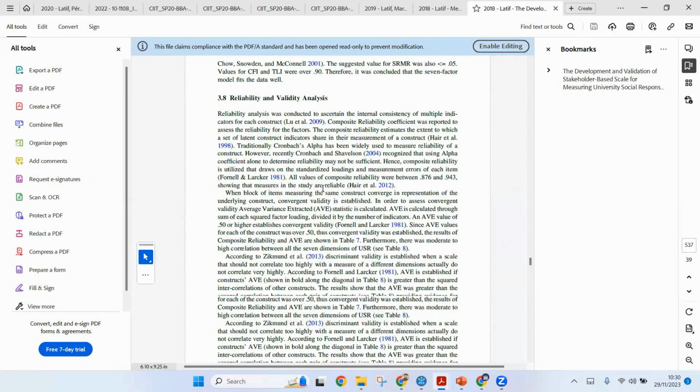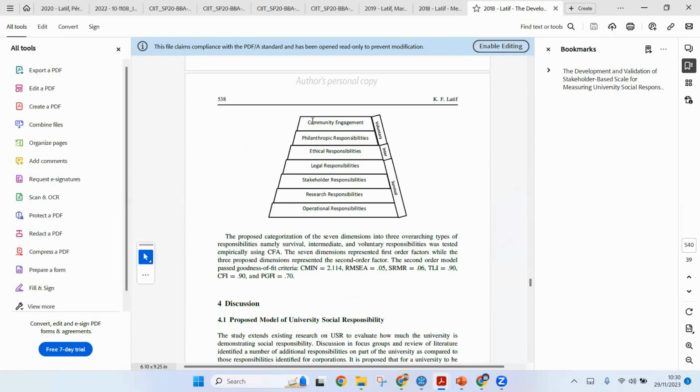If I remember correctly, none of the existing research studies have these 7 dimensions in one study. 1, 2, 3, 4, 5, 6, 7 dimensions in one study. None of them. Some of the dimensions may be coming from one study, and another dimension may be coming from another study. So this is quite possible. I hope this answers your question.